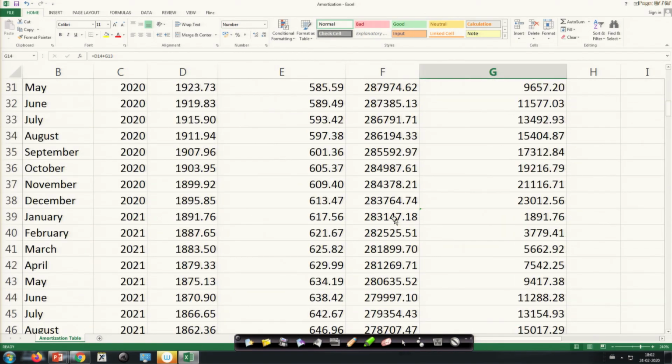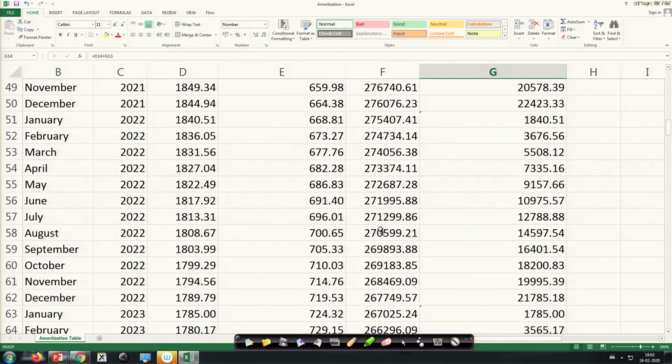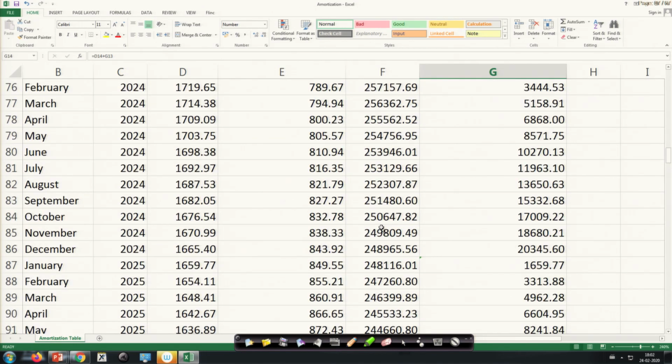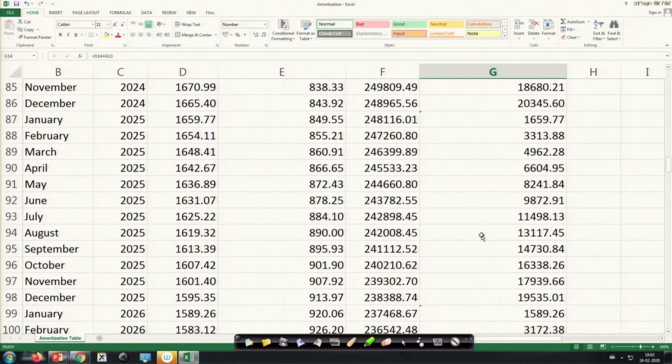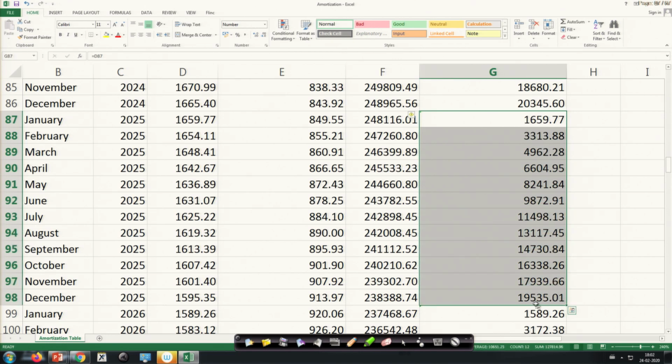substantially decreasing over the months to the extent of the total balance amount becoming 0 at the end of 20 years, and every year there is amount of money that has been paid towards interest. So, for let us say in 2025 December, the amount of interest that has been paid was total towards 19,535.